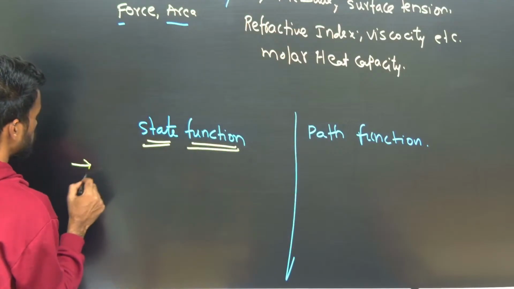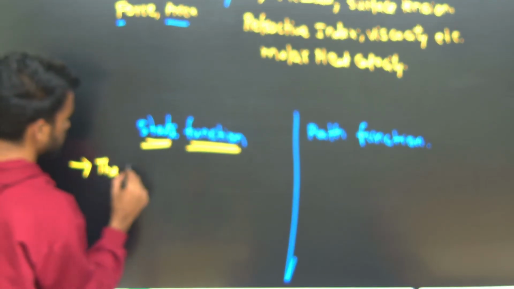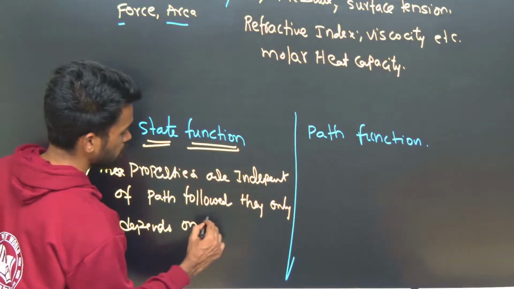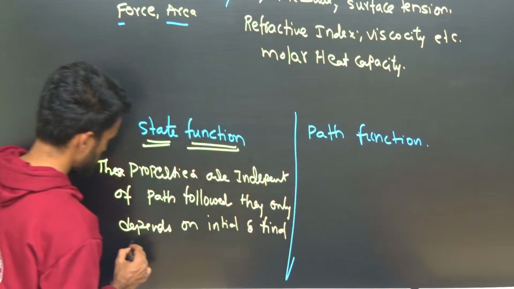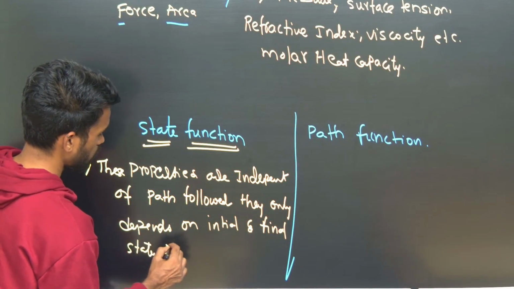Here these properties are independent of the path followed. They only depend on the initial and final state of a system.